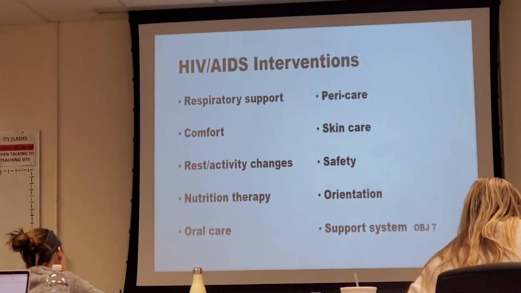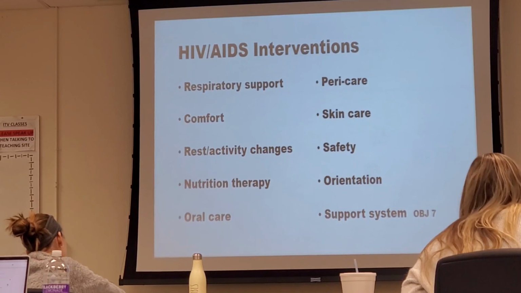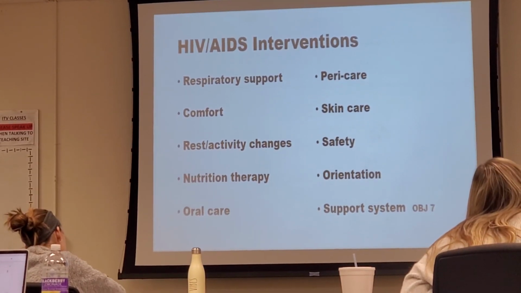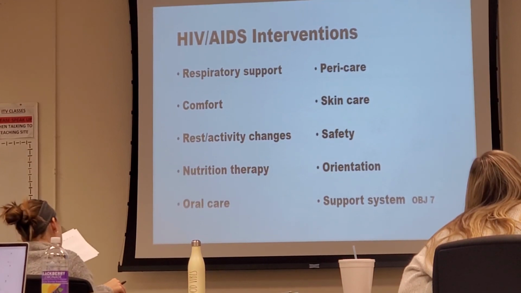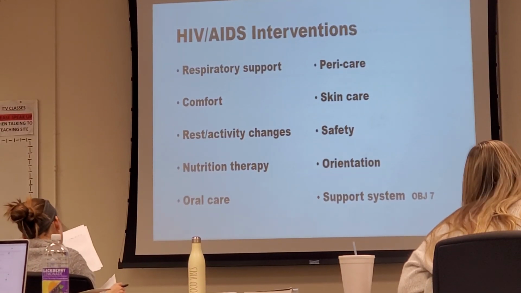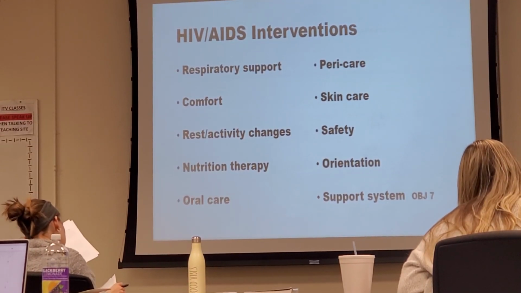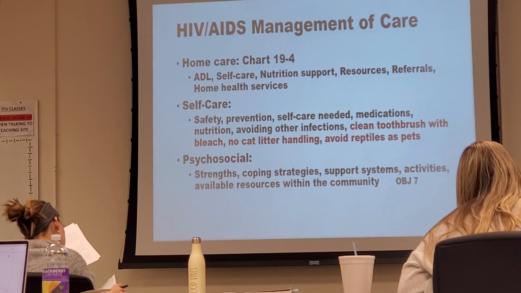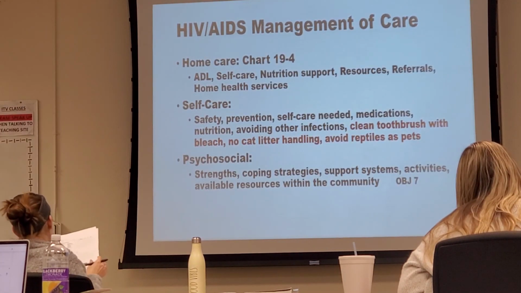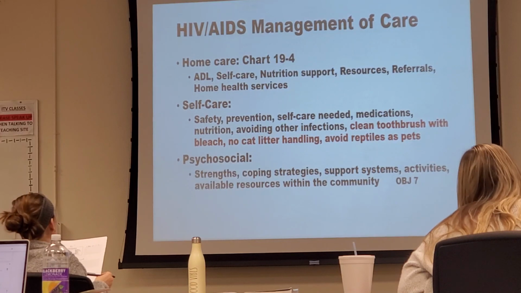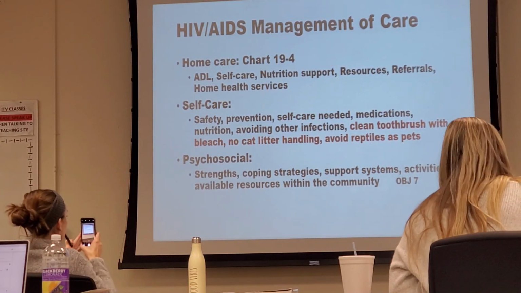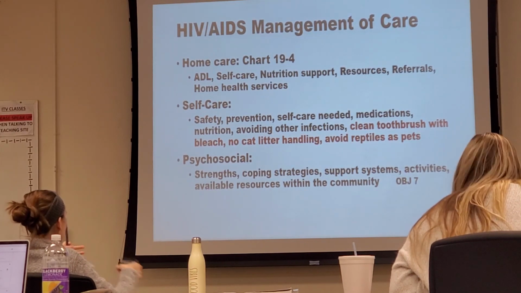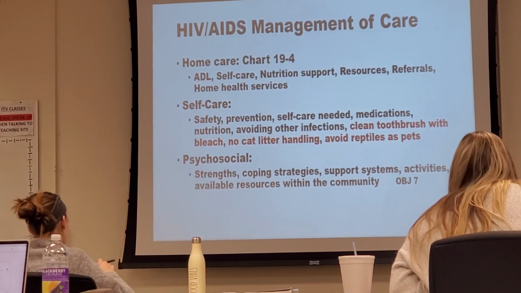Most people, if they're hospitalized, have some sort of respiratory infection, need some respiratory support. They're mostly nutritional therapy, they need help with their oral care, all of these things. And you can go back to those charts, it says no cat litter handling. They really should not have reptiles as pets because they have a lot of funguses, I guess.